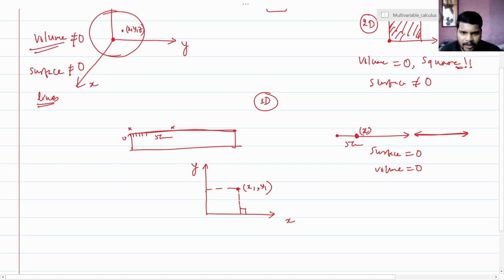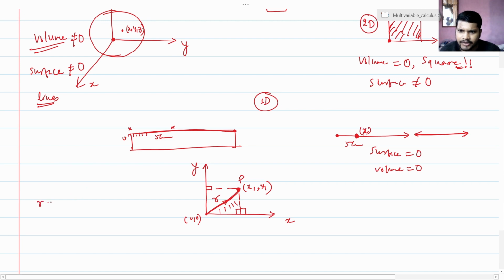Once your perpendicular distance is defined, then you take the line going from origin to that point, which is given by r. This hypotenuse of this right angle triangle will give you the distance of this point from origin, or of this point in this plane.